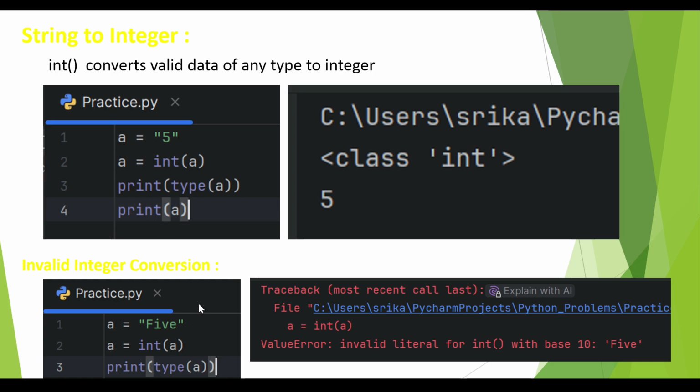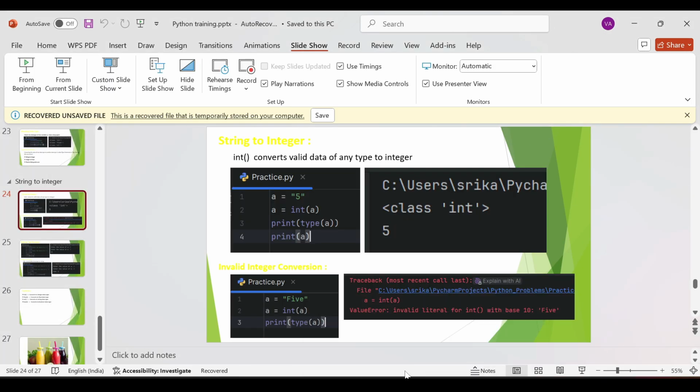Next, invalid conversions. In those cases an error will come. Suppose here 5 is a string value, and this string is converted into integer. How is it possible? Converting a string into int is not possible; we will see one program practically.